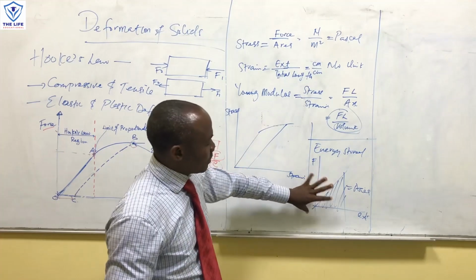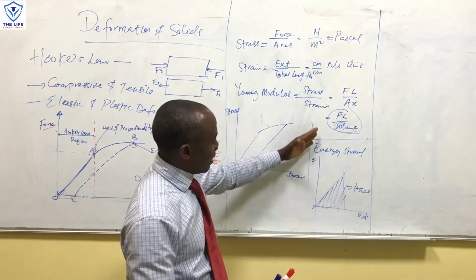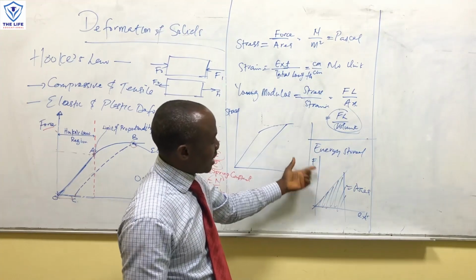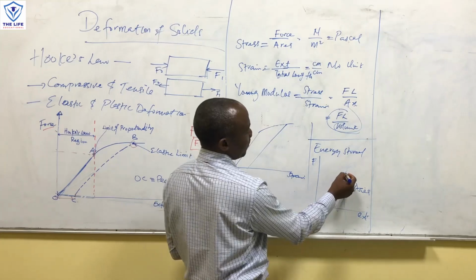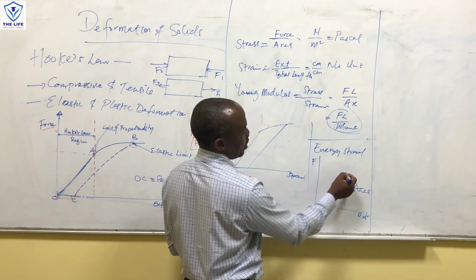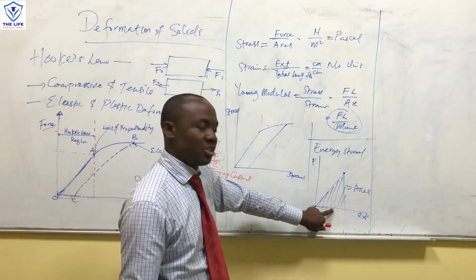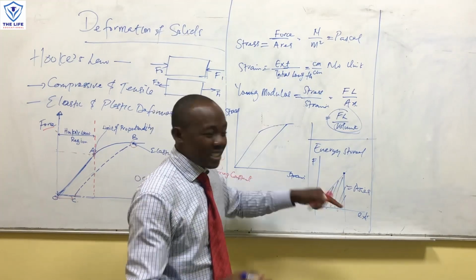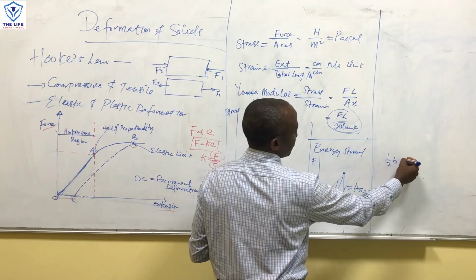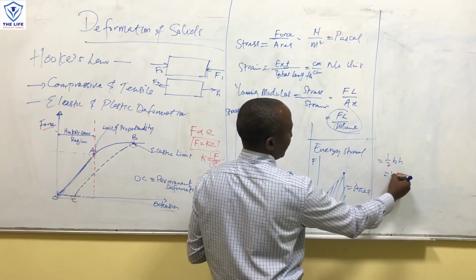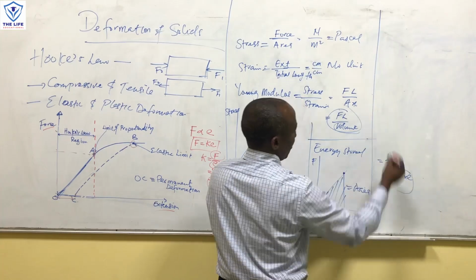Now, watch this. To determine the energy stored in an elastic material graphically, in our force against extension graph, you take note of the straight line region of your graph and determine the area under that region. In this case, I have a triangle. The area of a triangle is simply half base times height. This is something you know in mathematics. Half base multiplied by height will give me half force multiplied by the extension produced. Alright?